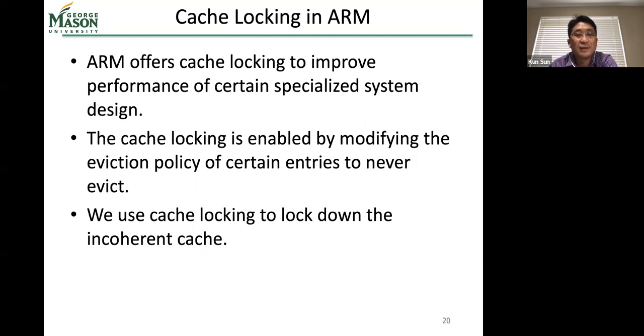They designed this feature to improve performance, for example for real-time systems, to speed up processing. For a certain piece of code, they want to lock it in the cache so it will be used more frequently. So they support this cache locking, and we use it to lock our malicious code into the cache lines marked for the non-secure world.